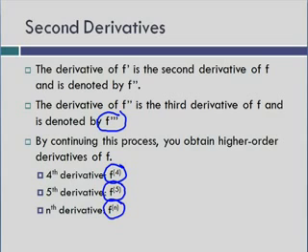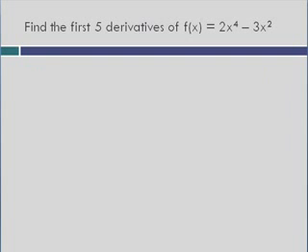Okay, well, let's take a look at this one. Find the first 5 derivatives of our function here. So our first derivative is going to be 8x cubed minus 6x. Our second derivative will be the derivative of that.